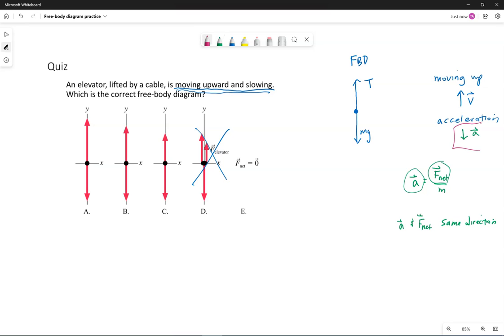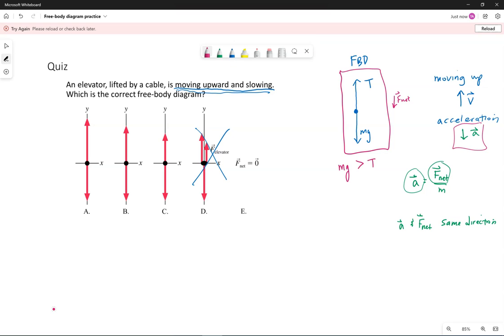So if I know the acceleration has to point down, then I know these forces acting on the elevator have to add together to give me a net force pointing down. It's the net force that gives the object, the elevator in this case, its acceleration. So the only way these two can add together and give me something that points down is if mg pointing down is bigger than the tension pointing up.